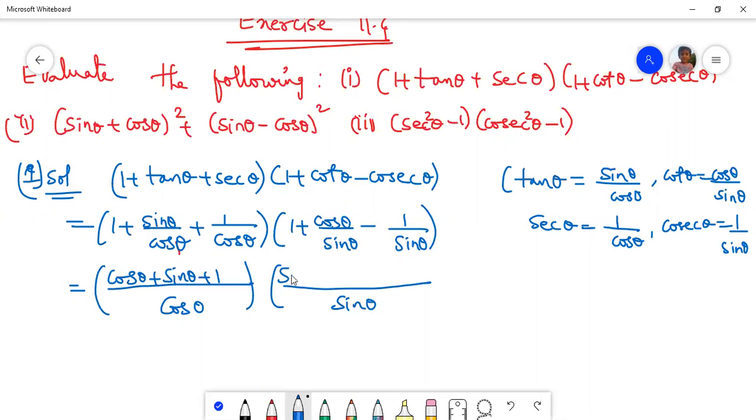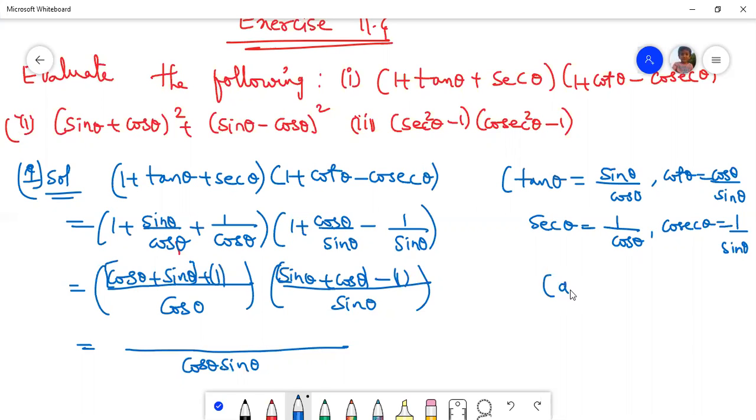Here 1 into sin theta is sin theta plus cos theta minus 1. Next, in the denominator, cos theta into sin theta. In the numerator, sin theta plus cos theta is one term, and 1 is one term.